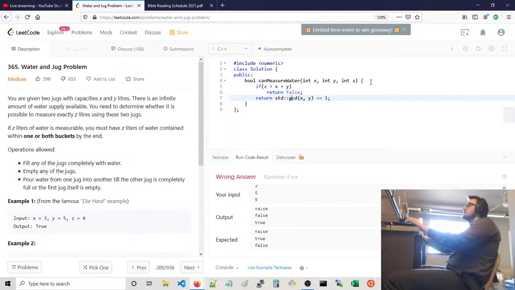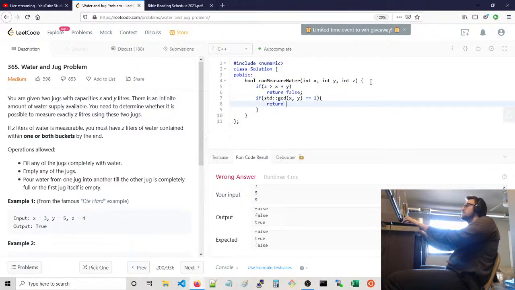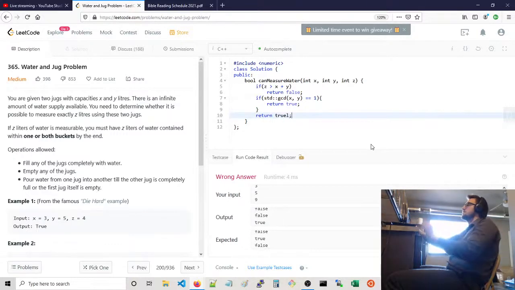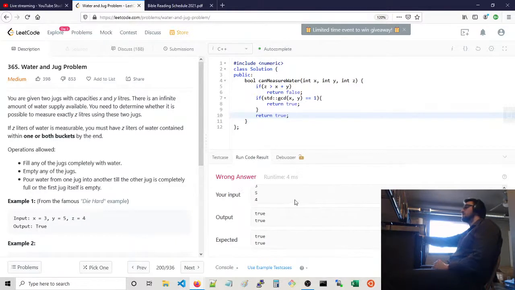So let's say, and I think that's true every time, that if the GCD is 1, you would return true, right? Let's see how far we get so far. So with this, that takes care of one of these test cases.